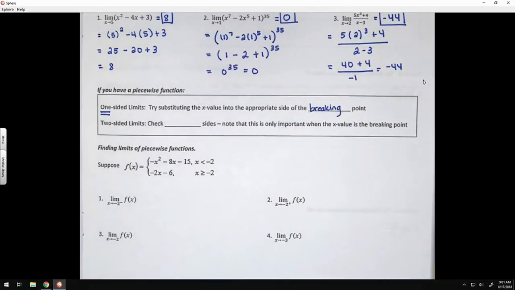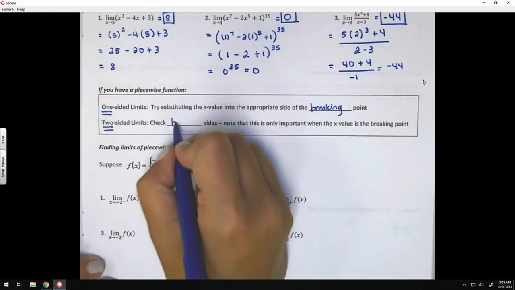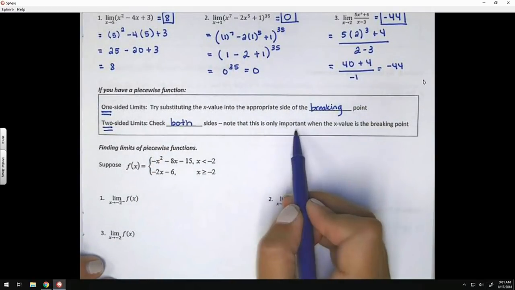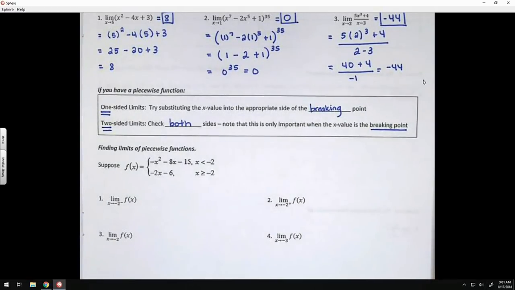If you're asked to find a two-sided limit, you need to check both sides. This is only important when the x value is the breaking point, because that means that the two different sides are being controlled by two different functions.